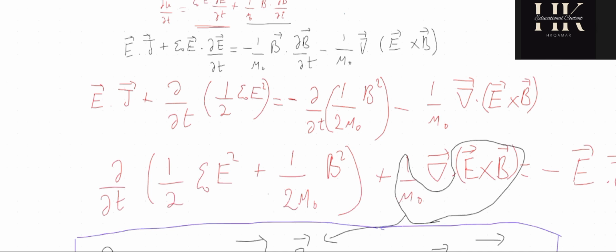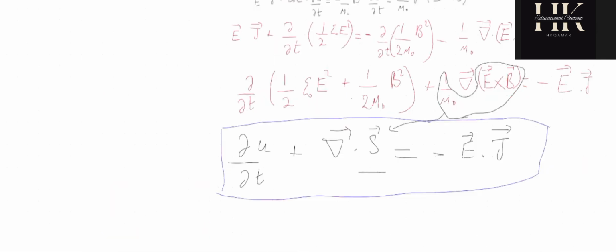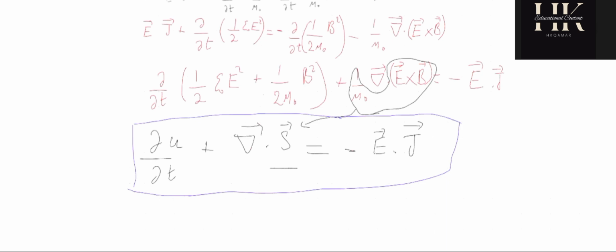Then we arranged this equation and wrote the time derivatives together to get this value. Then we wrote curly by curly T as it is, and this is equal to the energy density U, plus this del, written as it is, dotted with S, the Poynting vector, and it equals minus E dot J, the same equation that we had to prove.